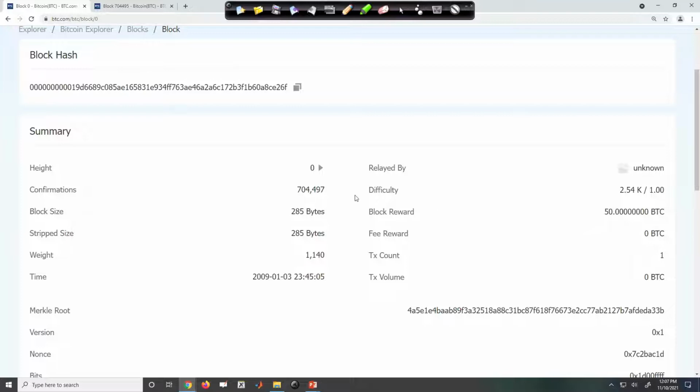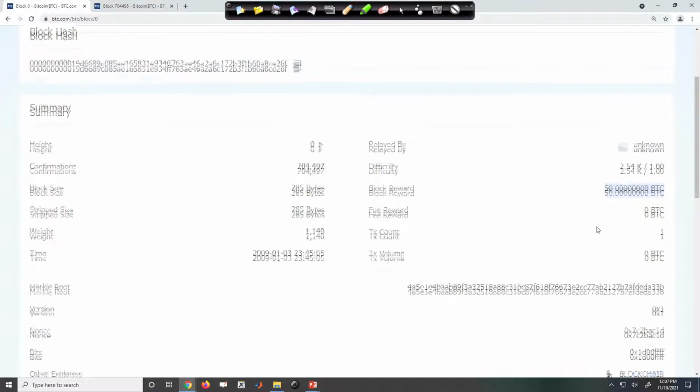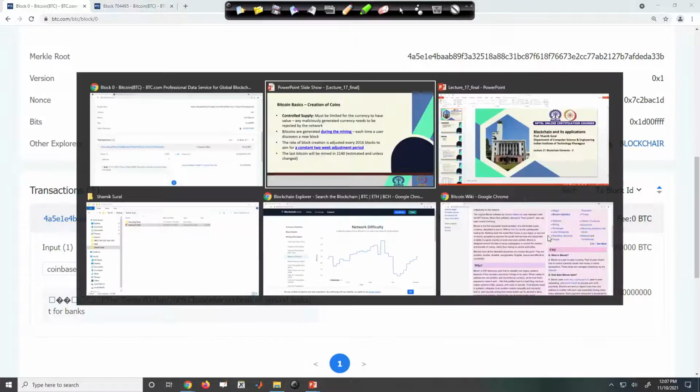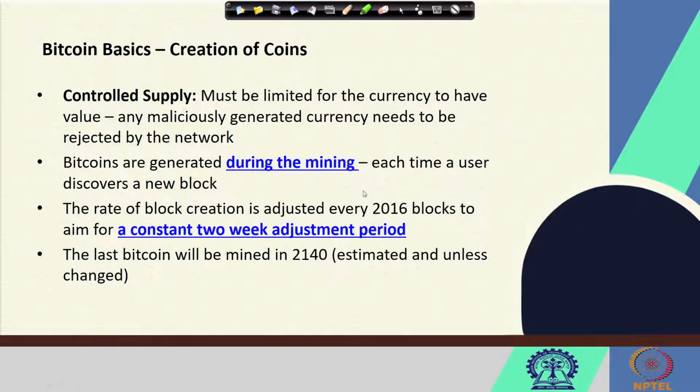So, this is the very first block number 0, as you see here as the height of the block, which is basically the block number you can consider, and it got these 50 Bitcoins, and it used that to transfer these 50 Bitcoins to somebody else, which often is identified with Hal Finney. So, who got these 50 Bitcoins, which was the first and the only transaction in the very first block in the Bitcoin blockchain.